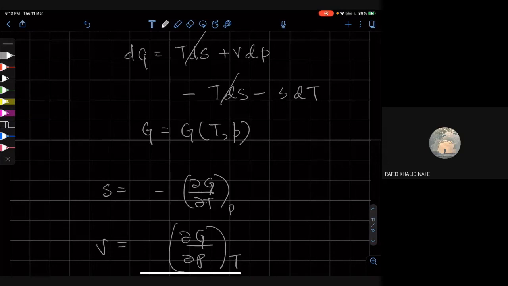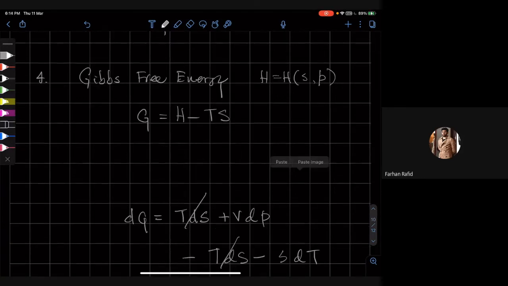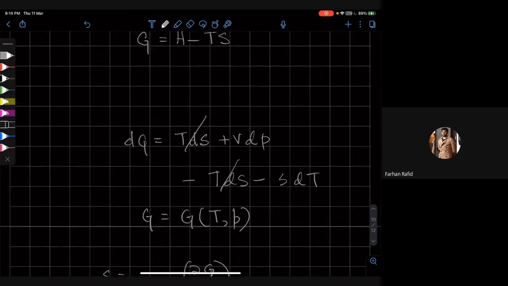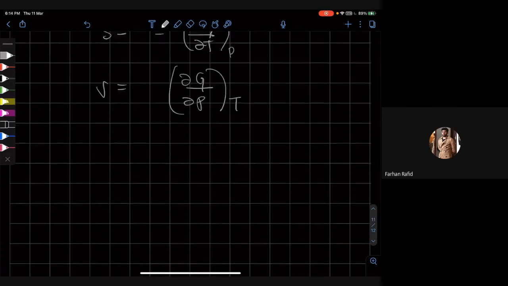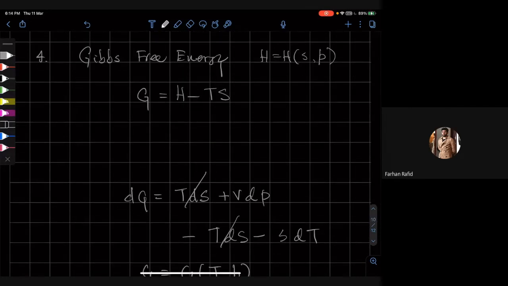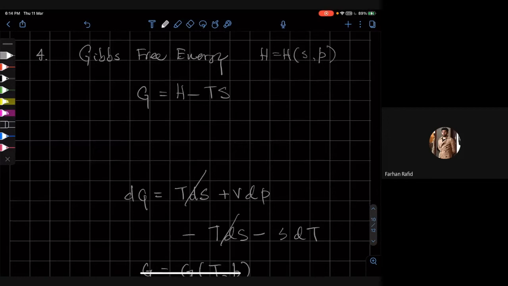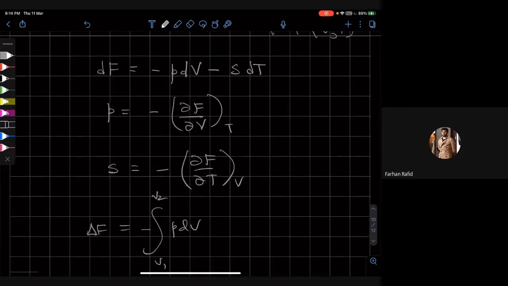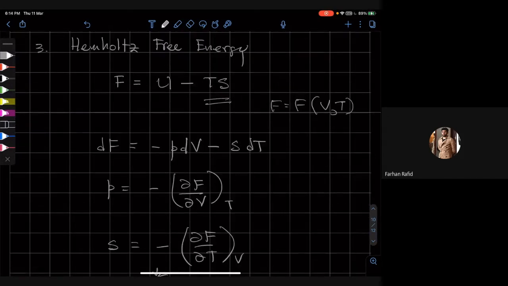No questions? So work is equal to minus integration of P dV, right? So the F, or Helmholtz free energy, is like work, I assume. Helmholtz free energy is like work. Let me see. H is minus P dV.